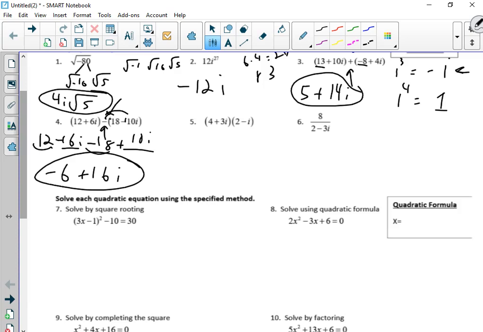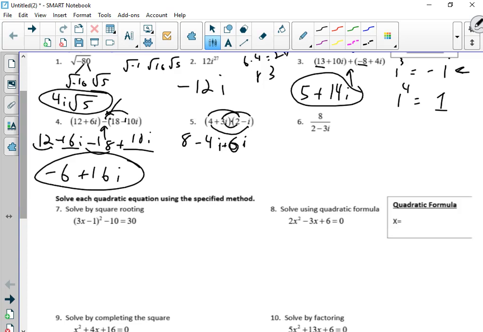Finally, no plus or minus in there. If you want to put a dot, go ahead. We are going to multiply. So 4 times 2 is 8. 4 times -i is -4i. 3i times 2 is plus 6i.